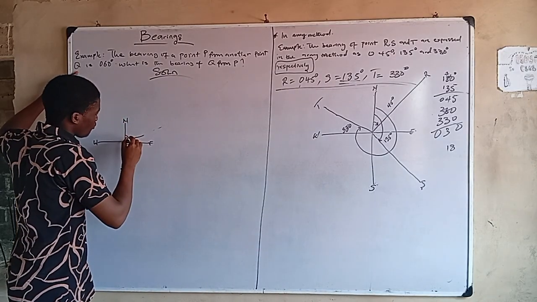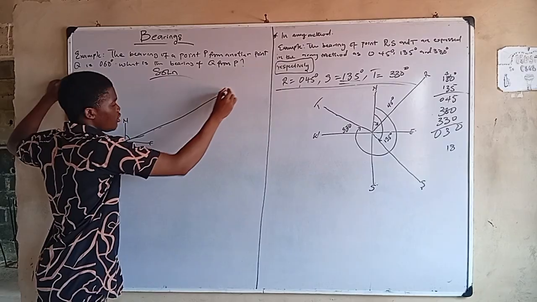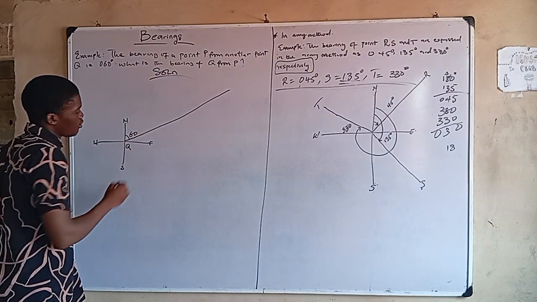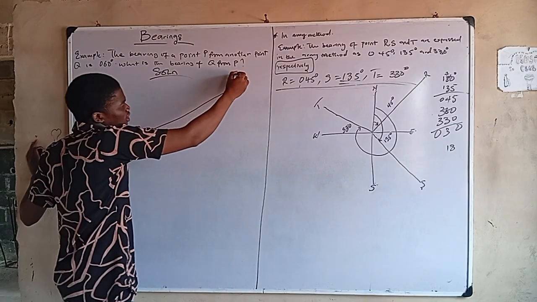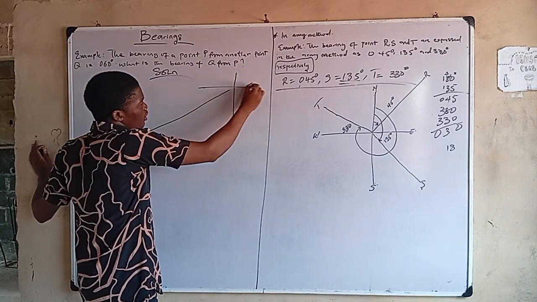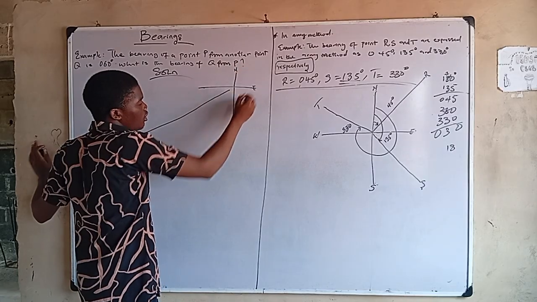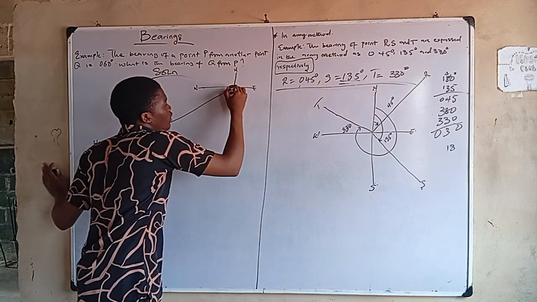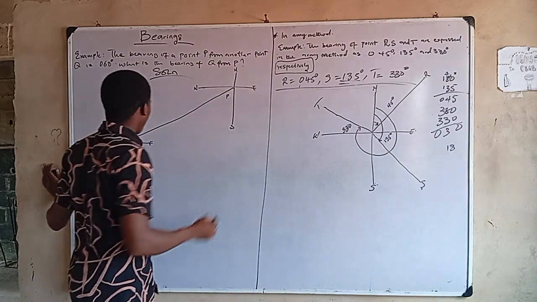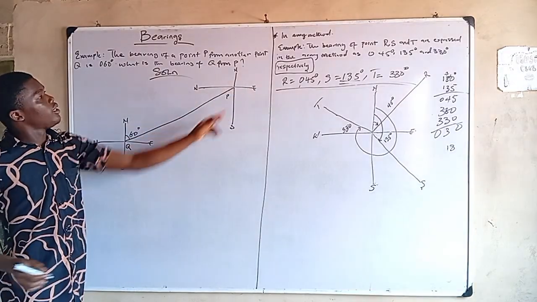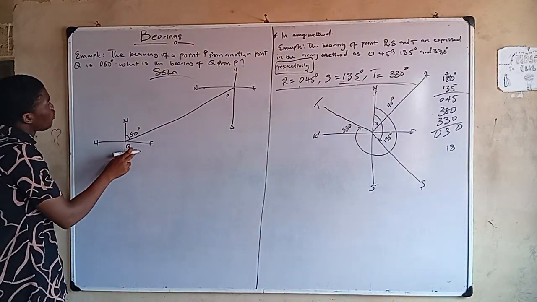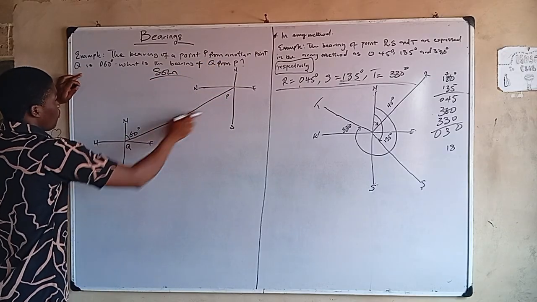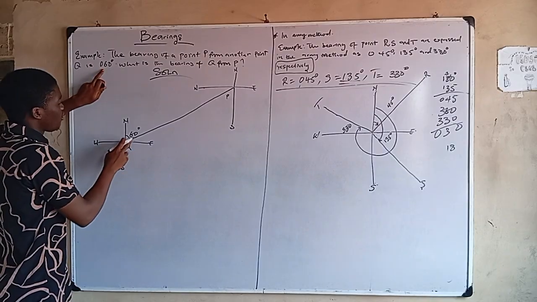You draw it straight. So this is 60 degrees. As it reaches here, this is your point P. This is Q, and this is P. The bearing of P from Q is 60 degrees.